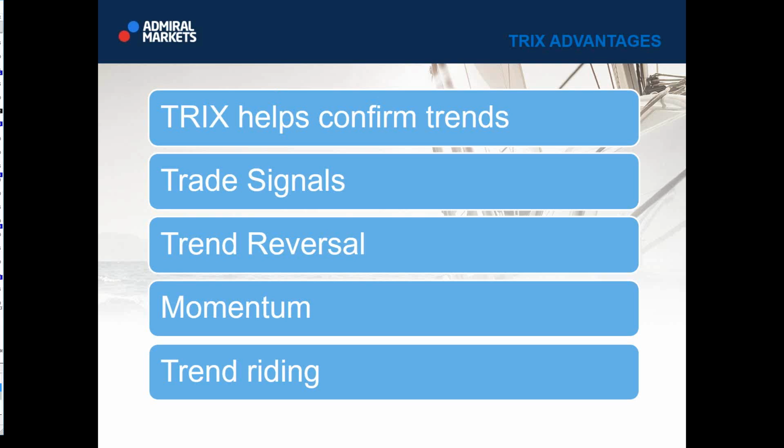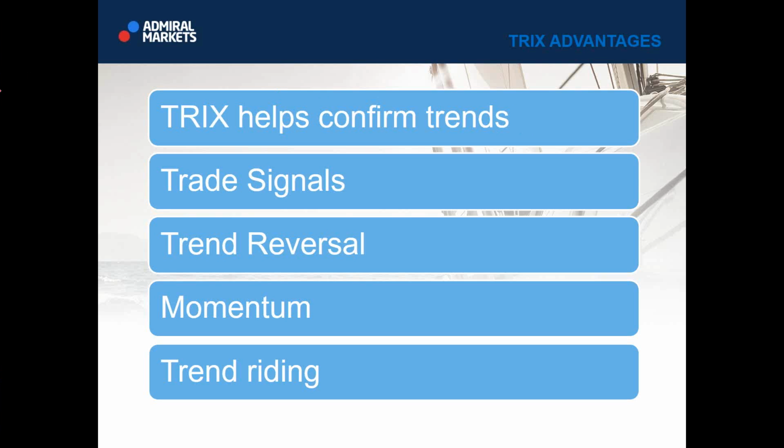So TRIX helps confirm trends. It can give you some trade signals. Because of divergence, it can give you trend reversals. It is good for momentum, as I already explained, and it's good for riding the trend.